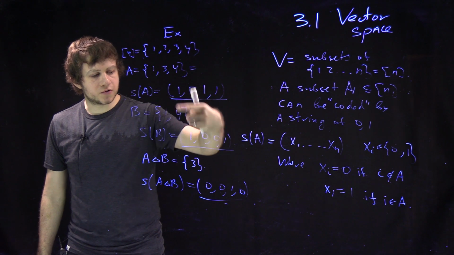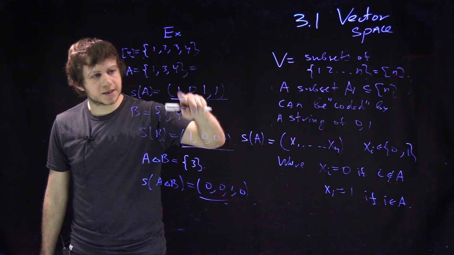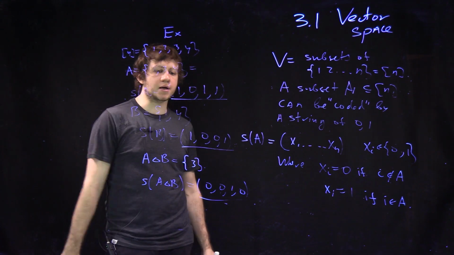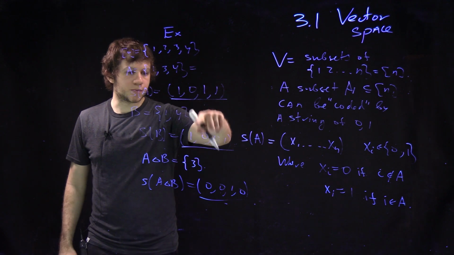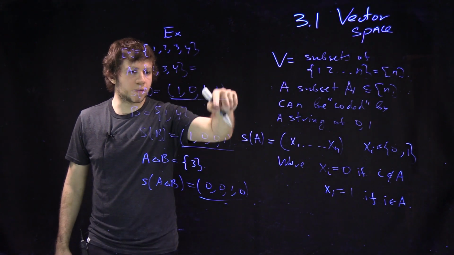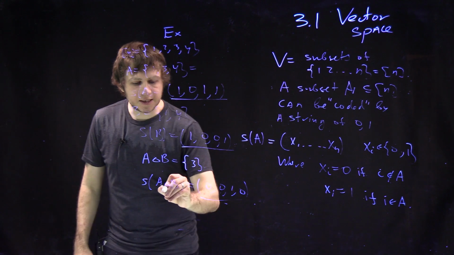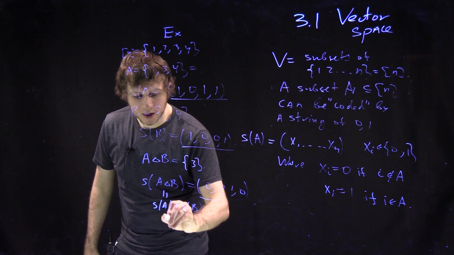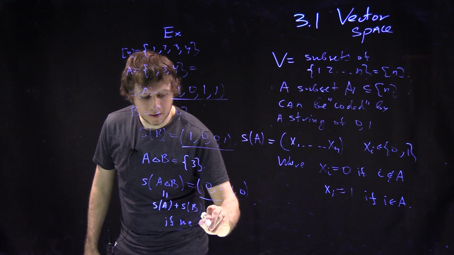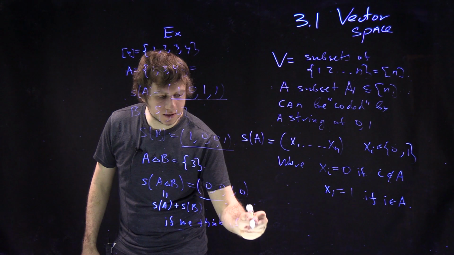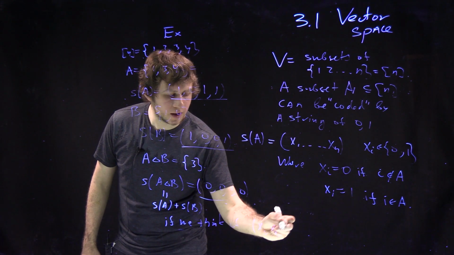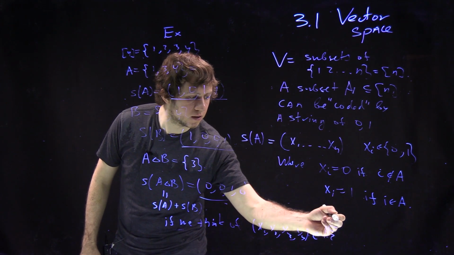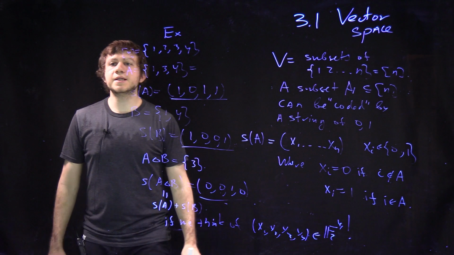For every coordinate, you just add them modulo 2 in our field F2. Because 0 plus 0 is 0, 1 plus 0 is 1, 1 plus 1 is 0. So actually this is nothing but S of A plus S of B, if we think of x1, x2, x3, x4 as a vector inside F2 power 4. And this is true in general.